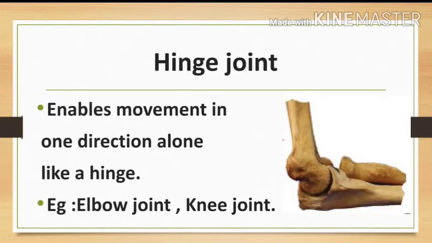It got the name hinge joint because the structure resembles a hinge. It enables movement in one direction only. Examples for hinge joint are elbow joint and knee joint.